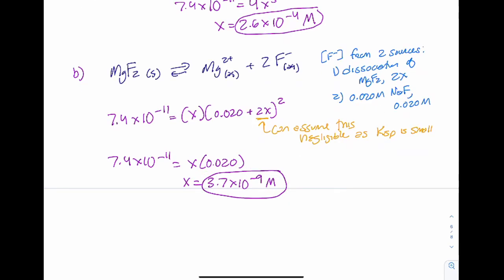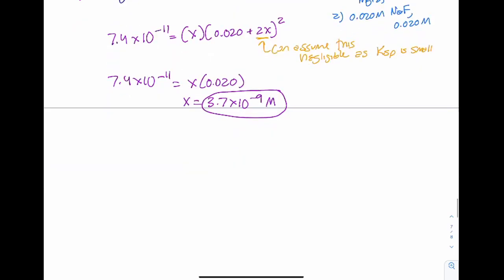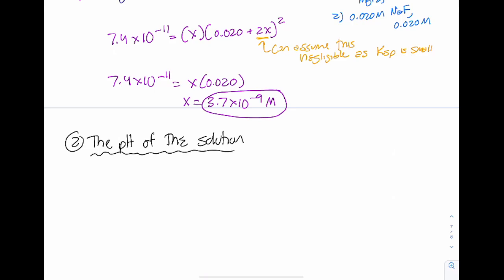Our second factor is going to be the pH of the solution. And this effect only occurs if you have a basic ion as part of your equation.